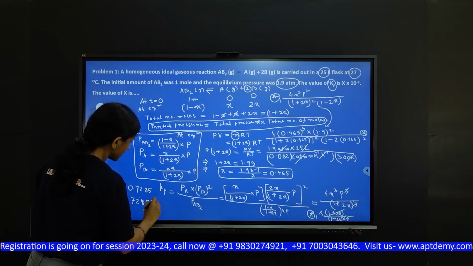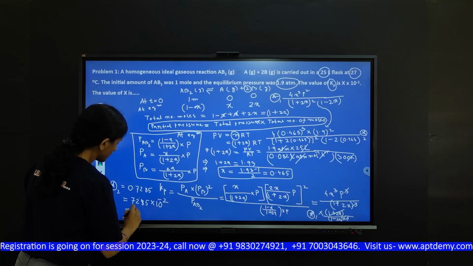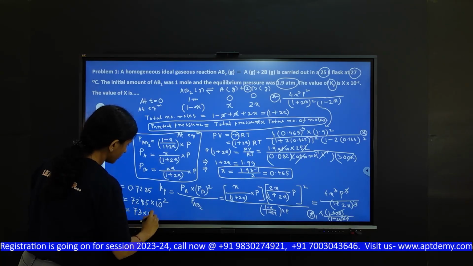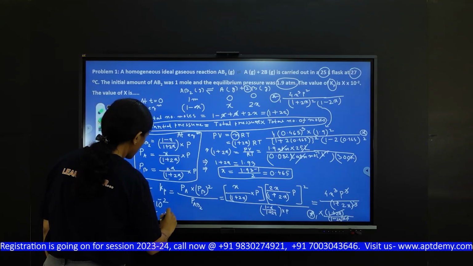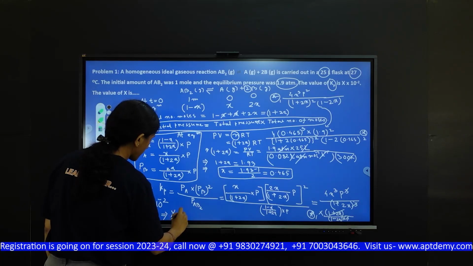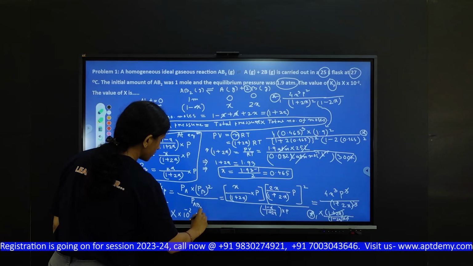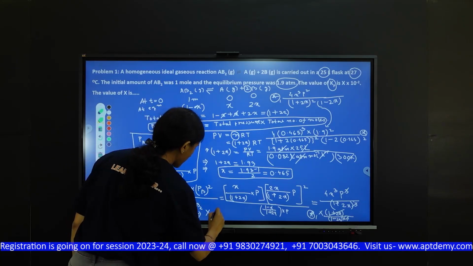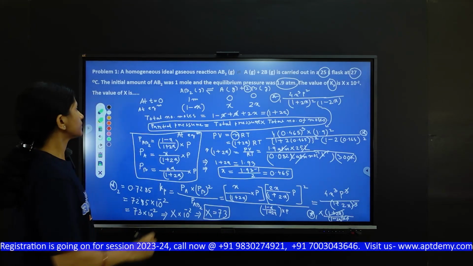You can simplify or you can write it the following way: 72.85 times 10 to the power minus 2, or you can write it as 73 times 10 to the power minus 2. So you can also write it like x times 10 to the power minus 2, and from here you will get your x as 73, which has been asked to calculate in this problem.